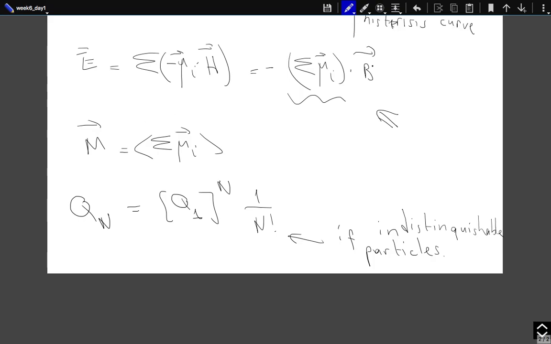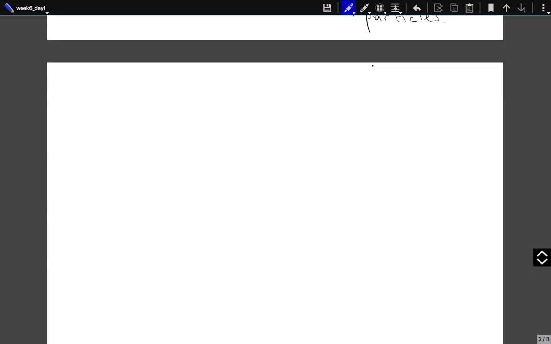So we can use this expression. For us, it's enough to calculate the partition function of one of the spins. Now the energy will be minus mu dot B, or minus mu B times the cosine theta.